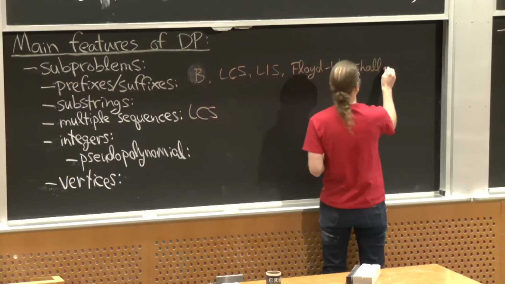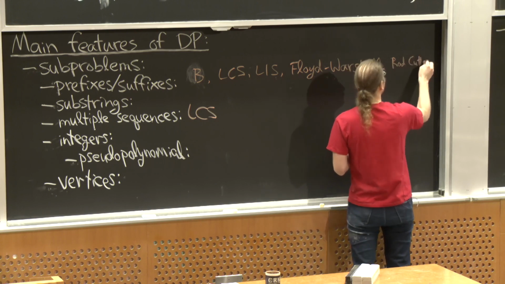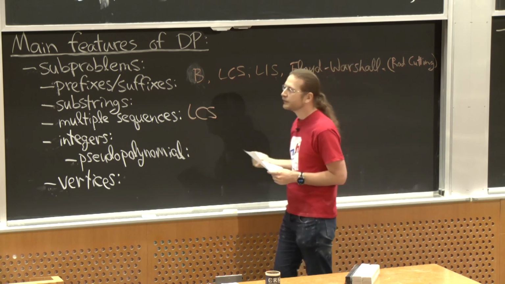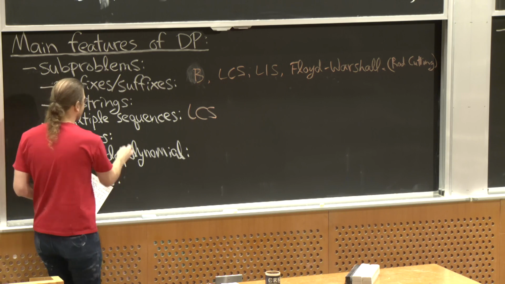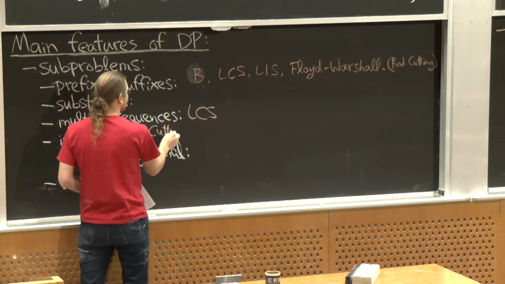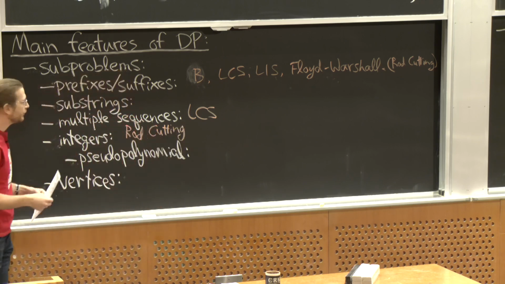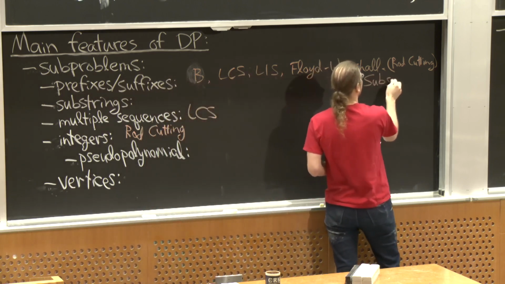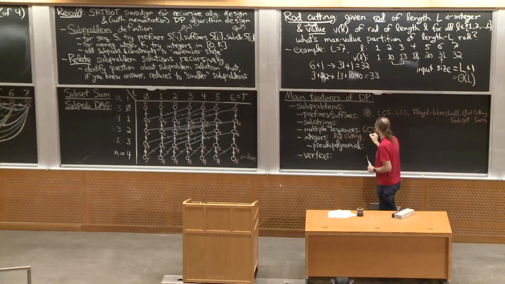Also, the 2 examples we saw today, rod cutting, kind of. You could think of it as either a prefix on the values, or I would prefer to think of it down here, where we had an integer, and we were considering smaller integers also. But subset sum definitely had a suffix, in addition to having an integer subproblem.